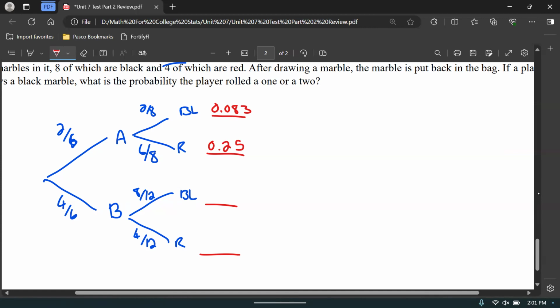So 32 out of 72, which is 0.44. And then finally, 4/6 times 4/12 is going to be 16 out of 72, which is 0.22.